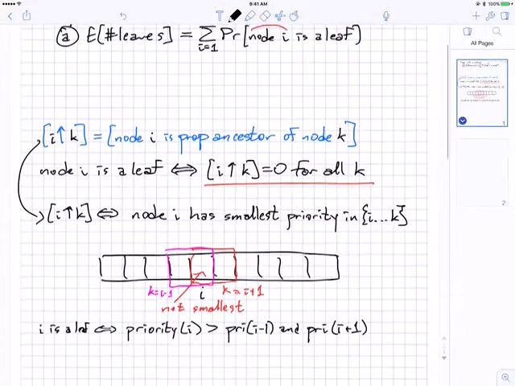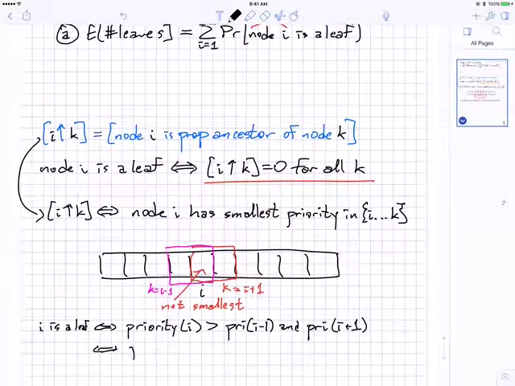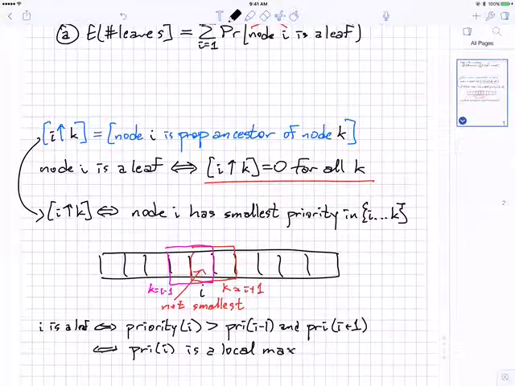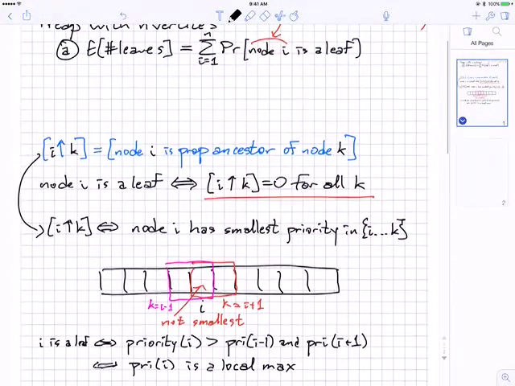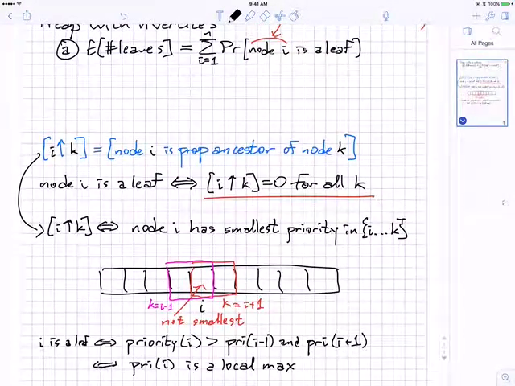Or in other words, the priority of I is a local max, which is what was suggested over here. So this is the conceptual leap.